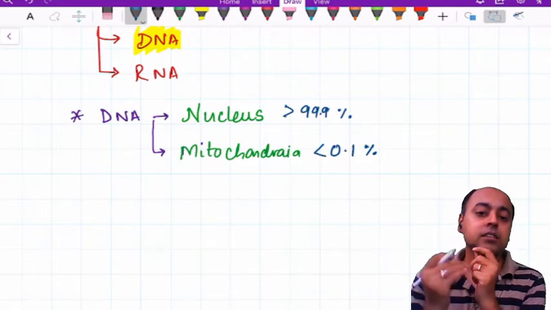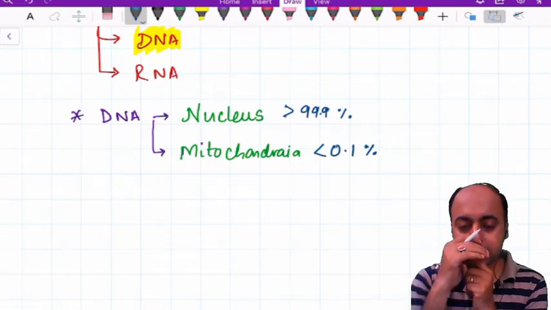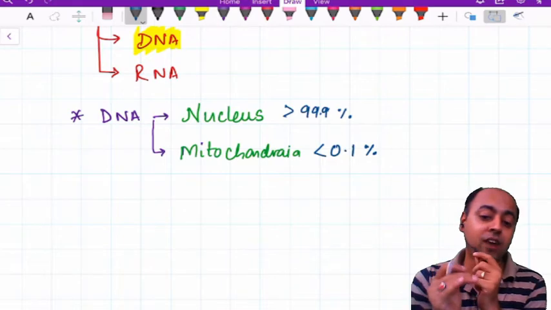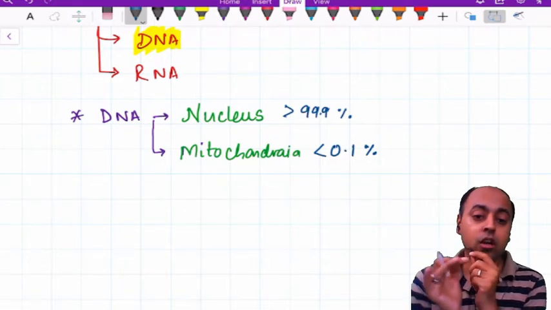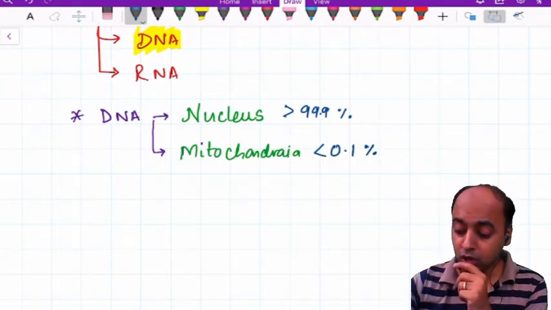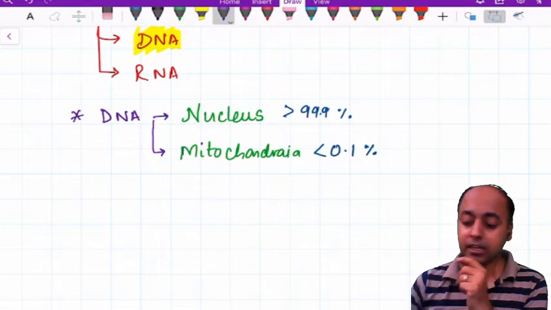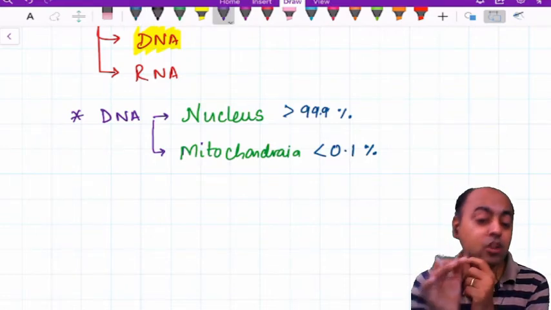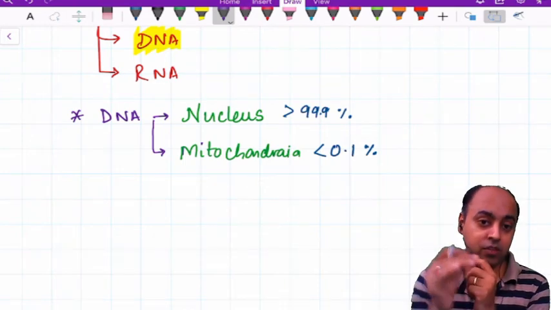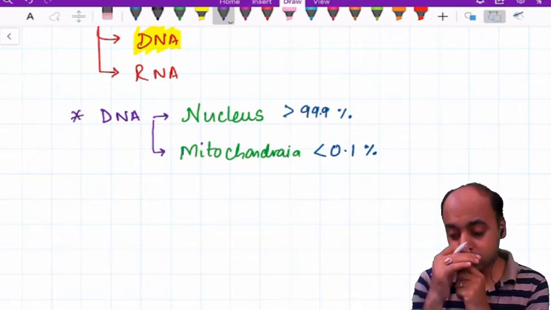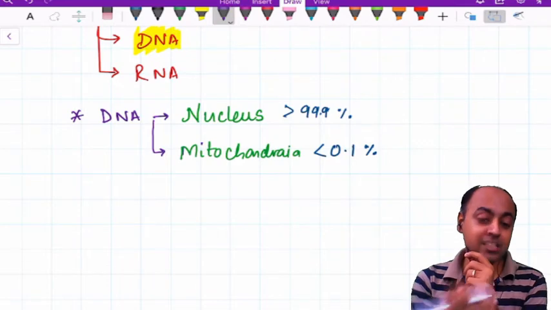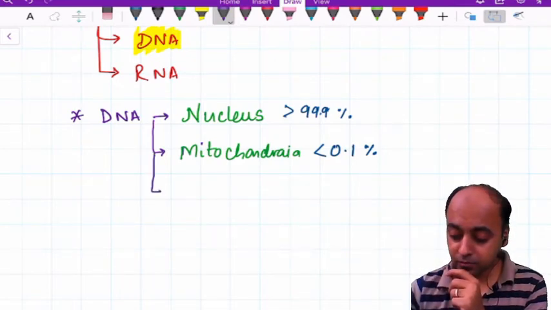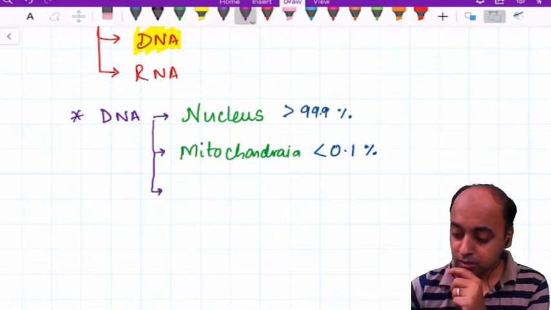However, recently there are certain techniques which have been developed which do not make use of either the nuclear DNA or the mitochondrial DNA. So now we have a third category of DNA which we have to know about. However, please note that this DNA is not present inside the cell. When we are detecting it, we are measuring it, it is not present inside the cell, although it is coming from the cell.